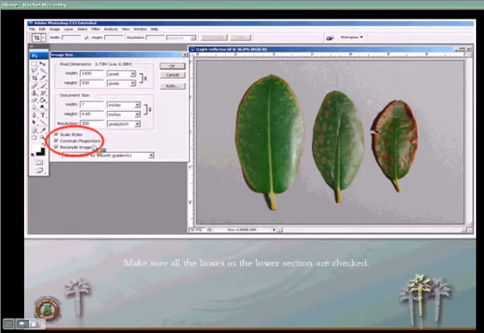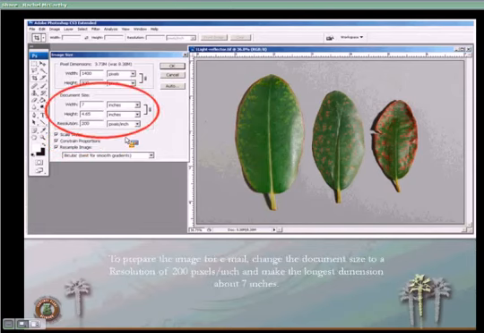And there's one other section in the Image Size dialog box down at the bottom. Just make sure all these three things are clicked. You don't have to worry about what they are. Just make sure they're clicked when you're using Image Size. So now we'll change the resolution to 200 pixels per inch. Then size your picture so it's about 7 inches on the longest dimension.